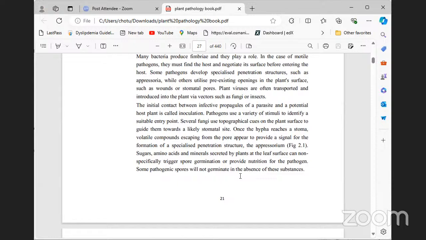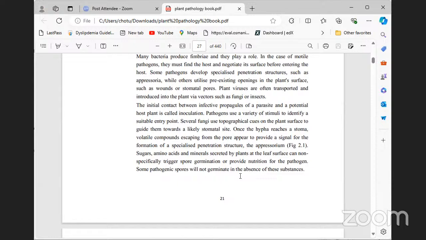Several fungi use topographical cues on the plant surface to guide them towards a stomatal site. Once the hyphae reach a stomata, volatile components escaping from the pore appear to provide a signal for the formation of penetration structures. The appressorium forms.